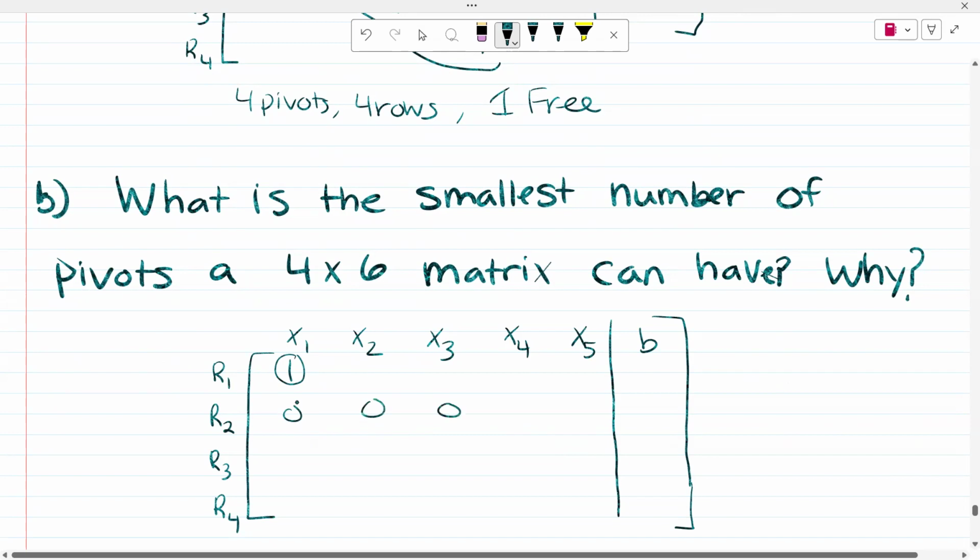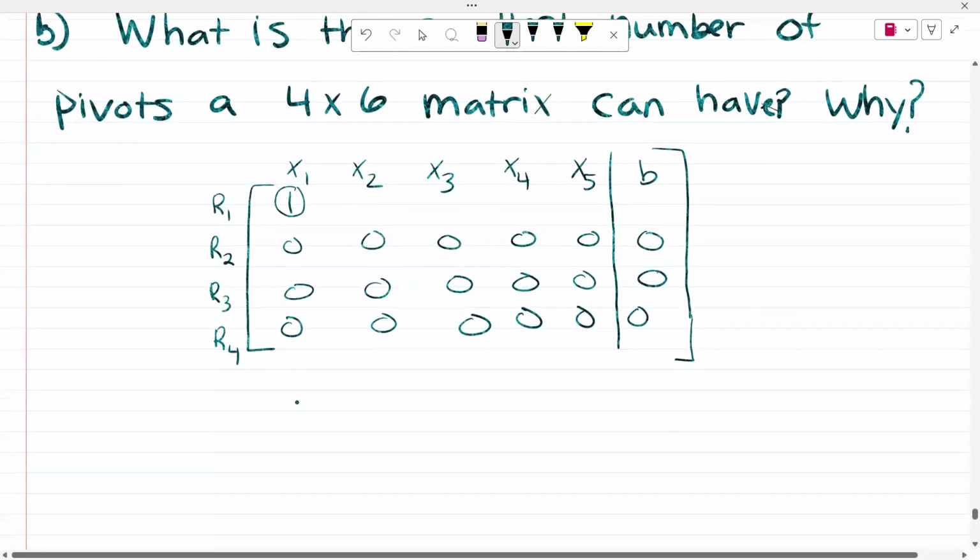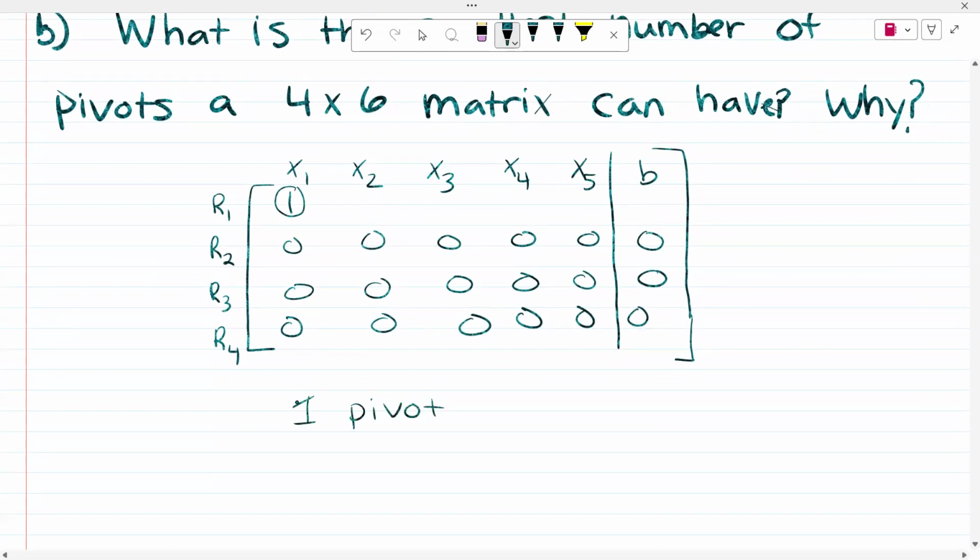This entire row two could be all zeros. And then this entire row three could be all zeros. And this entire row four could be all zeros. So you have one pivot and four free variables, because you can have 4 rows that are all zeros, right?